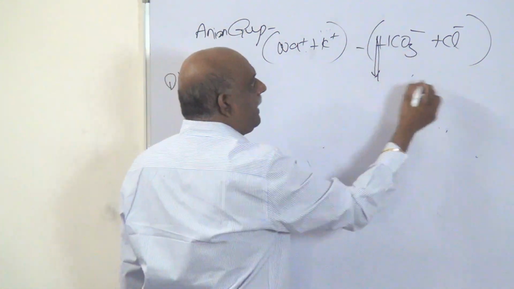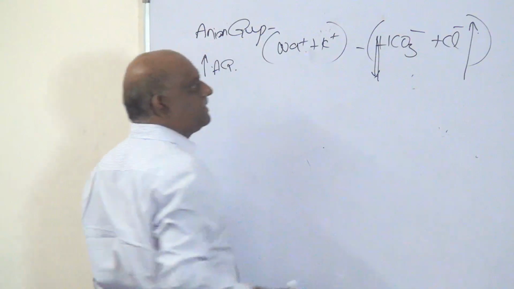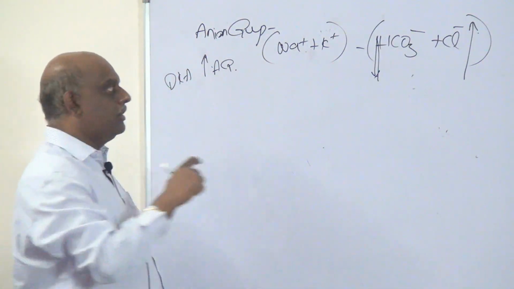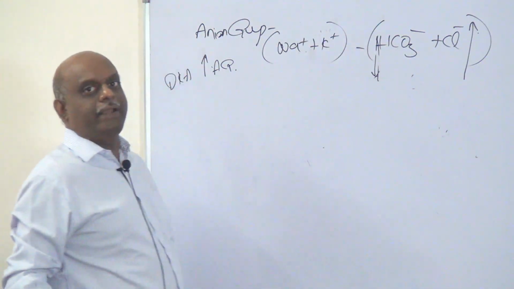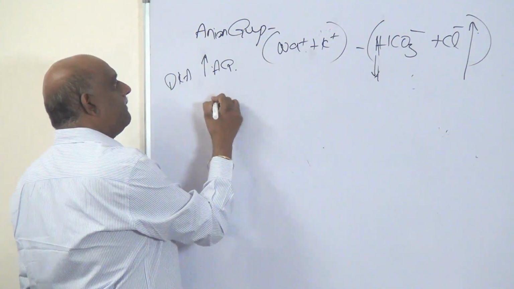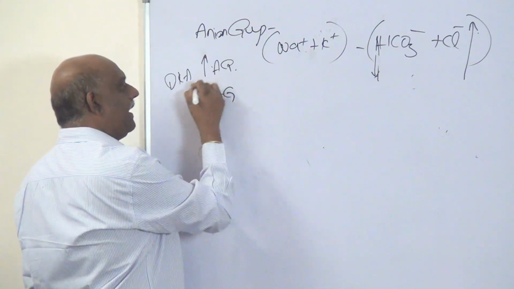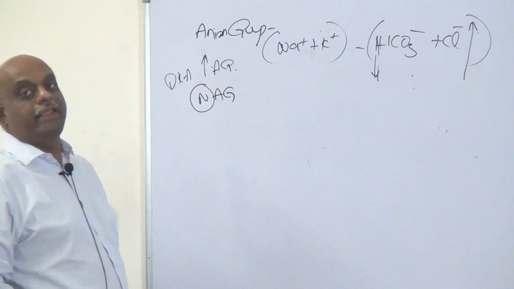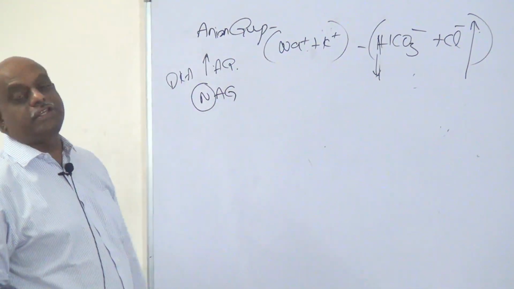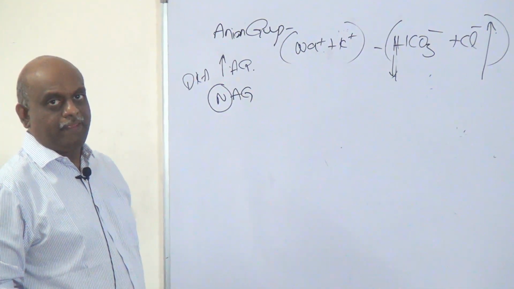But if chloride also increases along with the fall of bicarb, then the anion gap will not be affected. Anion gap will be normal, which happens in renal tubular acidosis.